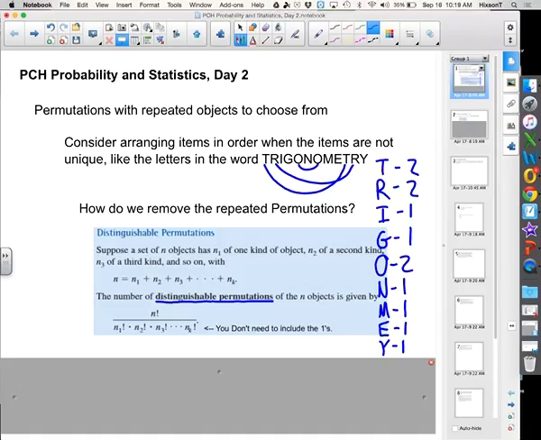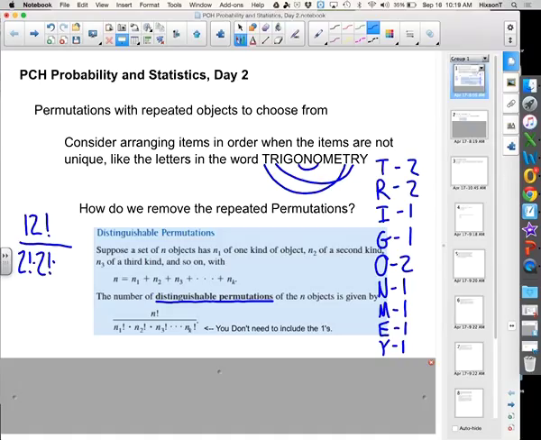There are 12 letters total. So we're going to start by putting 12 factorial. Then we're going to divide by 2 factorial times 2 factorial times 1 factorial. But what's 1 factorial? 1. And then another 1 factorial.